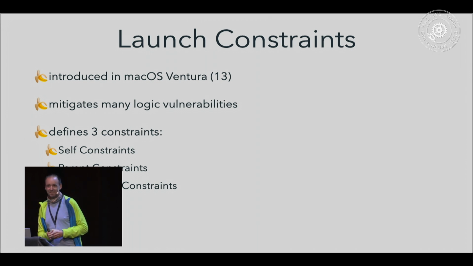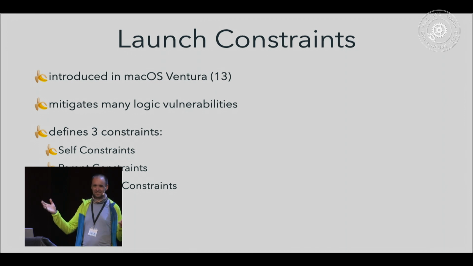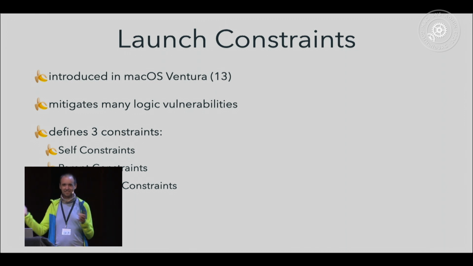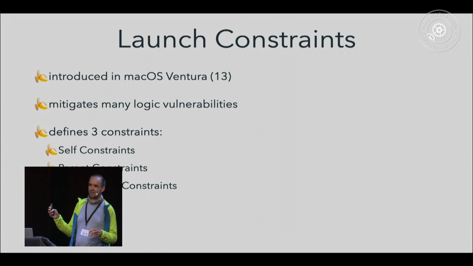So imagine an XPC service. XPC is an IPC mechanism. Let's say you have a global privilege helper tool, which is offering some service over XPC. You want to connect to that service. It's not run by default. So your client will talk to LaunchD, saying, hey, I want to talk to this service.